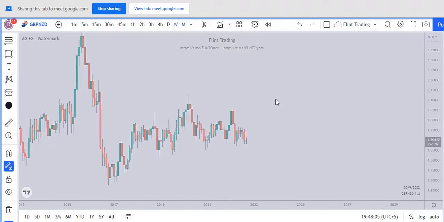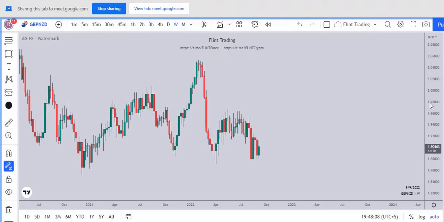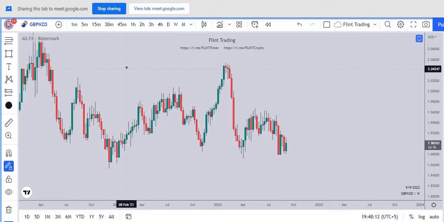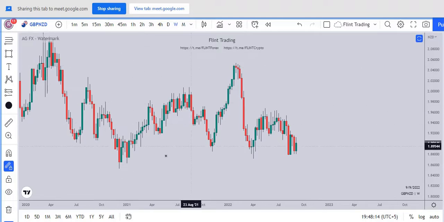So let's just move to the weekly time frame. Before that, it's really clear that if this was a valid order block, the price would have pumped there, and it should have gone to the upside. This was a clear consolidation.